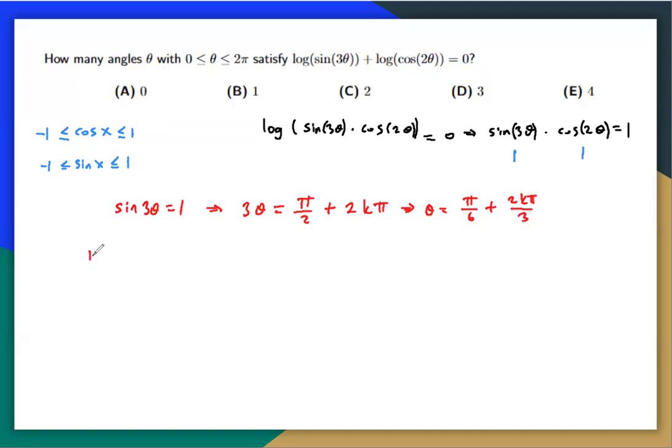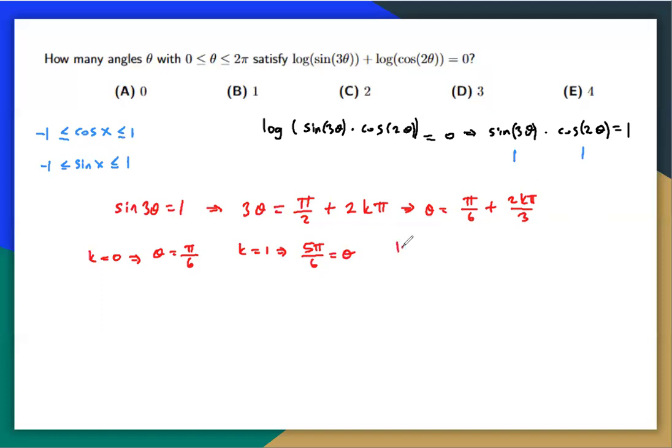Now we can just plug in the numbers. Let's start with k equals 0. This term will be gone, so theta will be just pi over 6, which is an angle larger than 0, which is good. If I plug in k equals 1, that will be 2 pi over 3, so 4 pi over 6 added to pi over 6, which is going to be 5 pi over 6 for my theta. That is the next one.